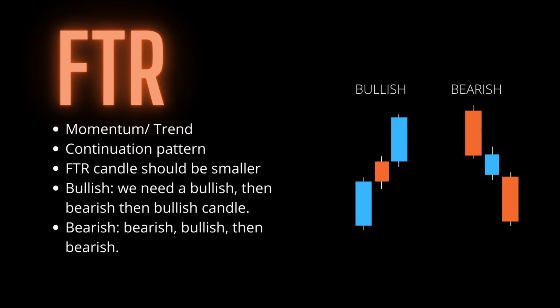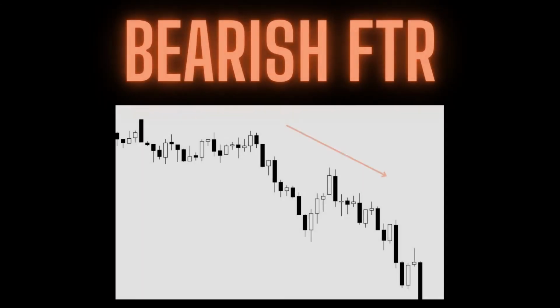So for a bullish FTR, we need a bullish candle, then a bearish candle, which needs to be smaller than the previous and the other candle. And for the bearish, we need a bearish candle, then a smaller bullish candle, which is the FTR, and then another bearish candle. Basically, there are two ways to trade it, and I'm going to explain in a little bit. Let me show you some examples here in this diagram.